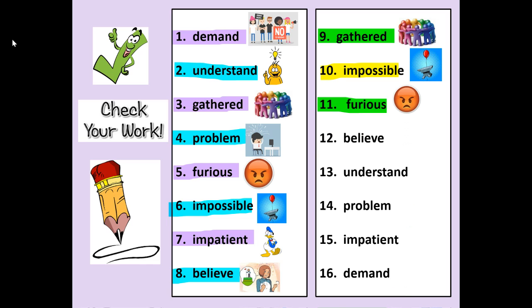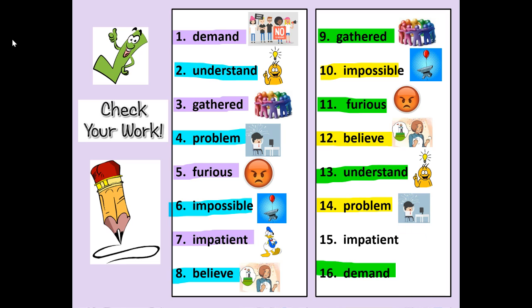Number 11, furious. Number 12, believe. Number 13, understand. Number 14, problem. Number 15, impatient. Number 16, demand. So if you need to change any of those answers, push pause. Make sure you have the same answers for numbers 1 through 8 and numbers 9 through 16. And when you're finished, push play.